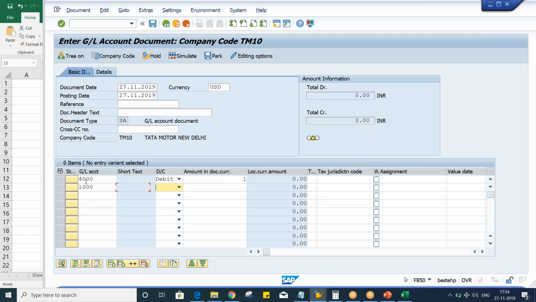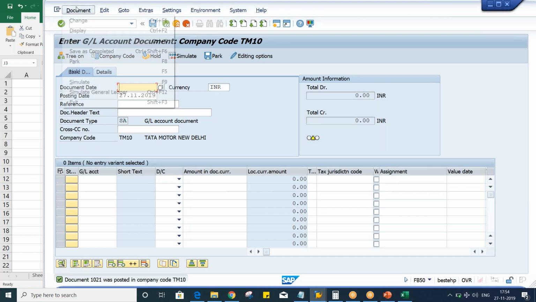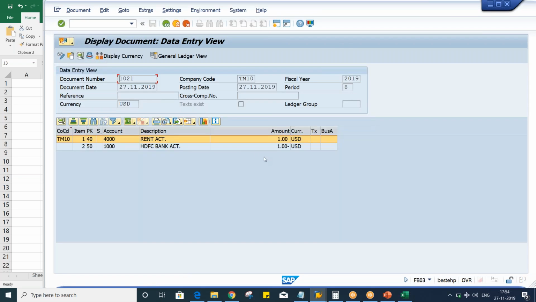Now this time if you post 1 USD, just save it. Click on display. The system is going to convert this USD into local currency, in the sense Indian currency, and the amount is supposed to be 40,000. Look at here, guys, the magic. Now the system has taken 40,000.